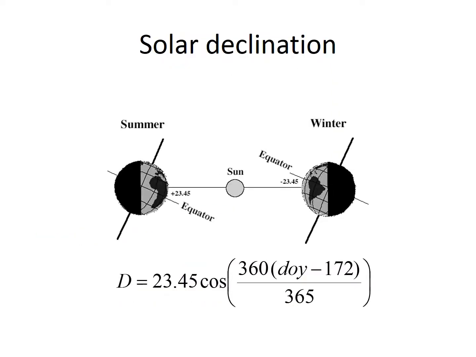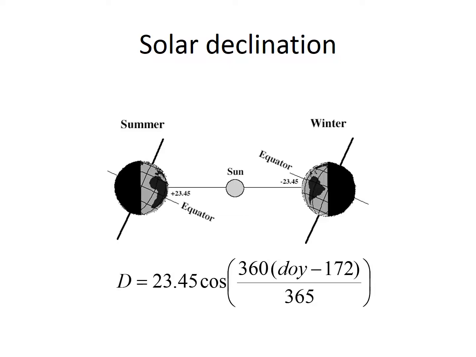The solar declination is responsible for the seasonality in the Earth. Here we see the conditions of summer in the northern hemisphere, where at that time we have a solar declination of 23.45 degrees, and the sun is more normal to the northern hemisphere.